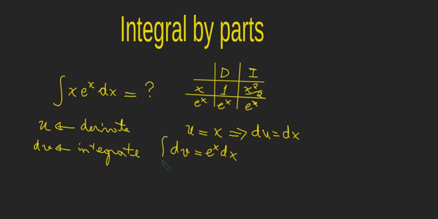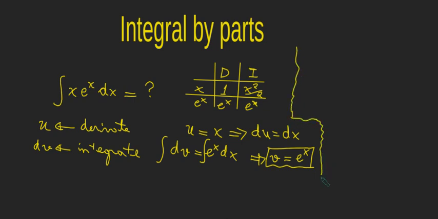Now I can integrate both sides, and I get v equals, because the integral of dv is v, and the integral of e^x is e^x. So v is going to be e^x. Let's move on.